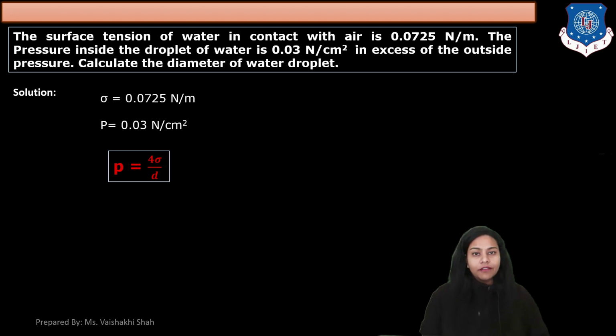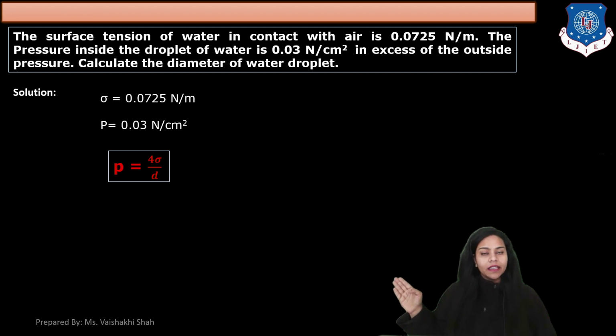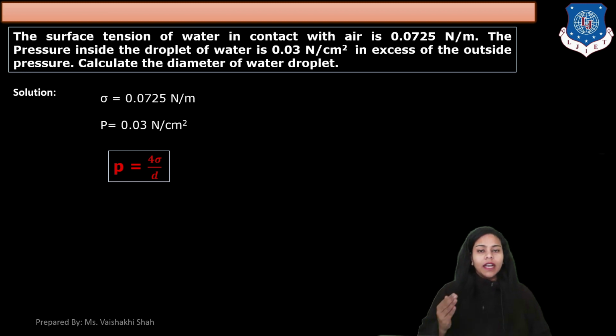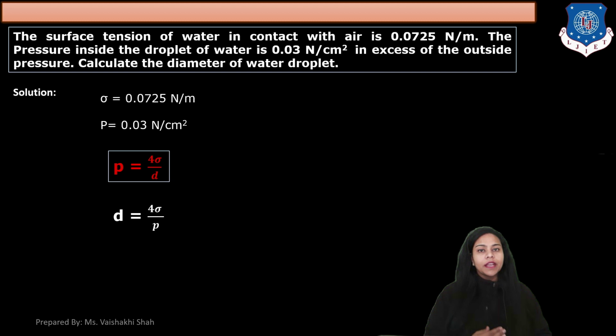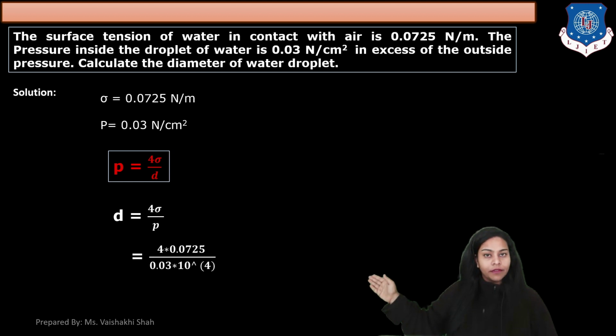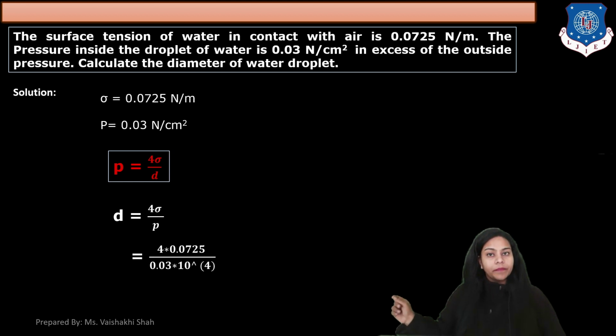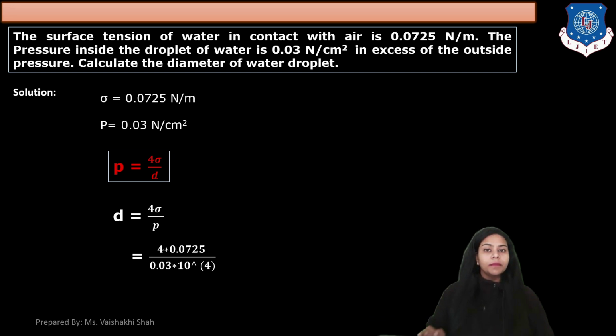As we know the equation, pressure P equals 4 sigma by D. Here P is known to us, sigma is known to us, and the only unknown is D. So the equation for D is D equals 4 sigma by P. Now placing the values, 4 into 0.0725 divided by pressure P. Here the pressure is given in Newton per centimeter square, so convert it into Newton per meter square.